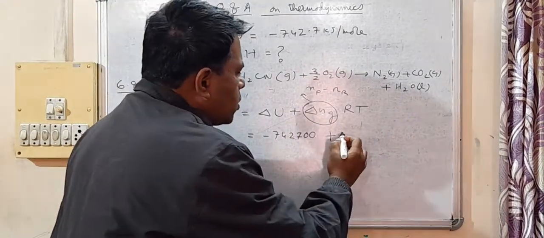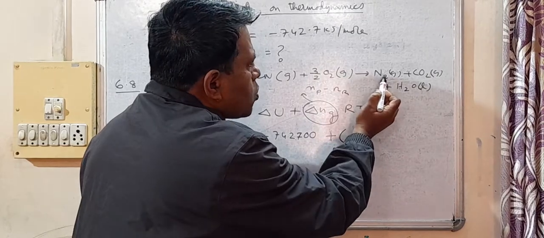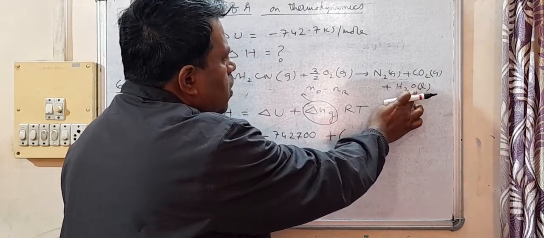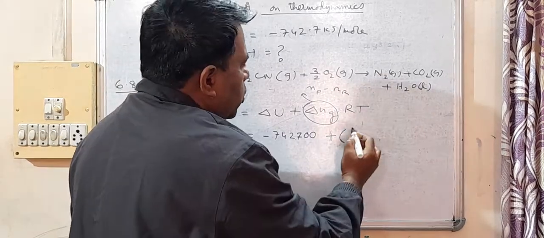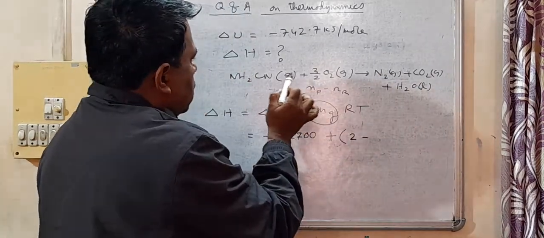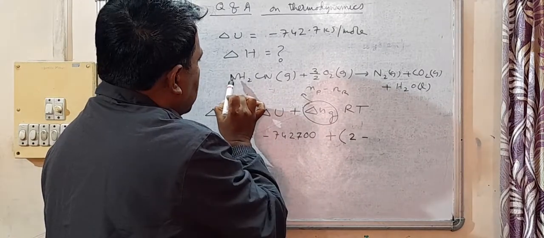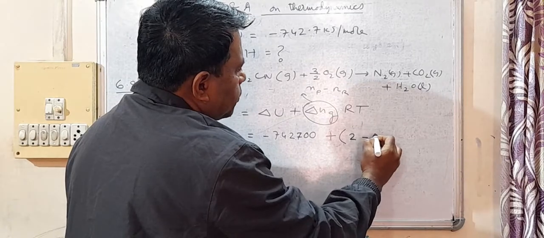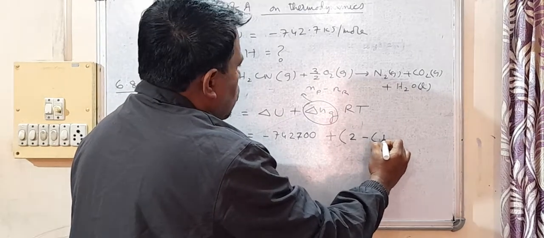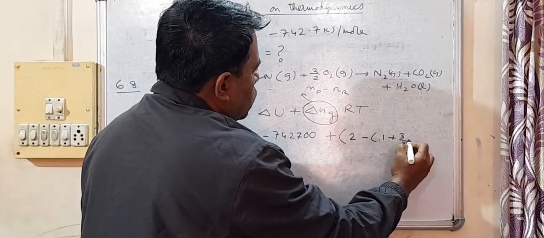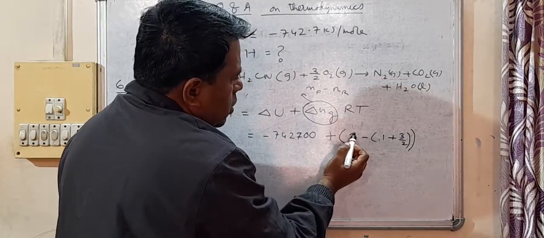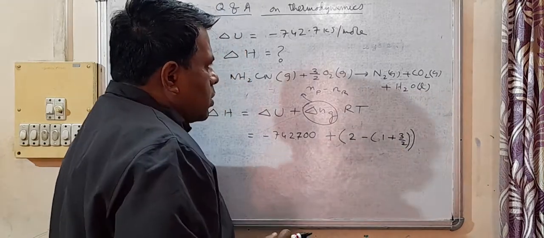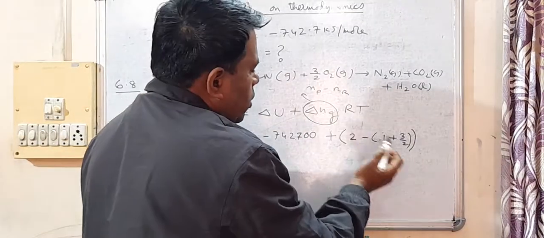Delta Ng is, this is 1 plus 1, 2. We will not consider this one. So 1 plus 1, 2, minus this is 1 plus 3/2. So this is product moles, this is reactant moles, this minus this.